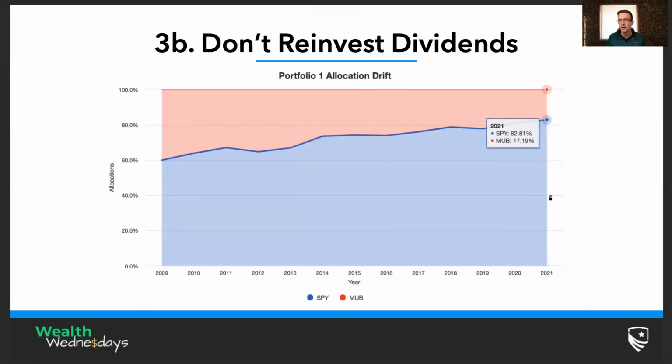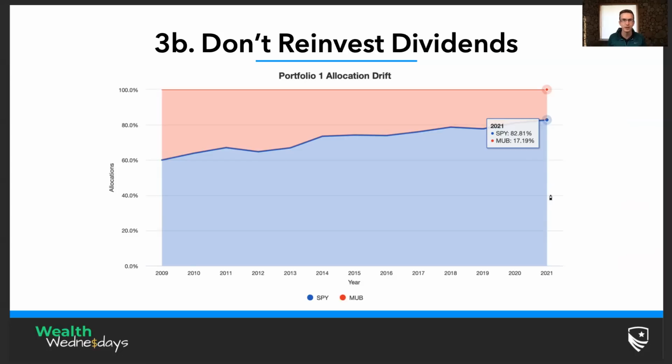And then 3B, if you will, an additional rule on this dividend front is don't reinvest dividends. Why not? Again, in most retirement accounts, I'm fine with reinvesting dividends. It prevents you from having cash sitting on the sidelines when you might not be paying attention, and that's reinvested and at least growing. But why you don't want to reinvest dividends within your given taxable account is because you likely have set up an overall allocation, whether that's in stocks, muni bonds, or a number of different asset classes.